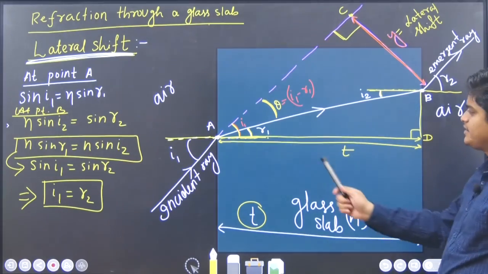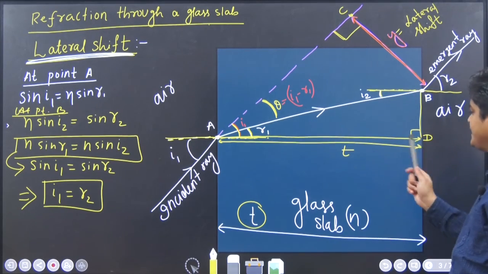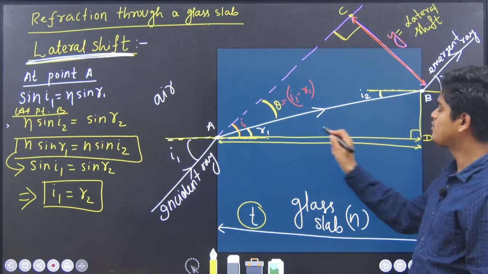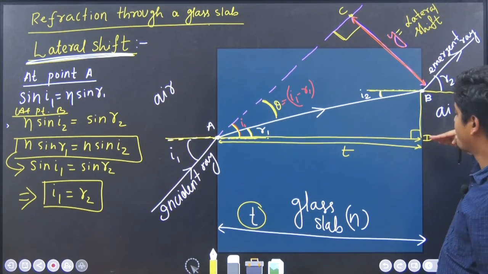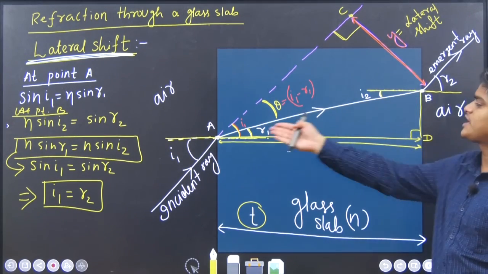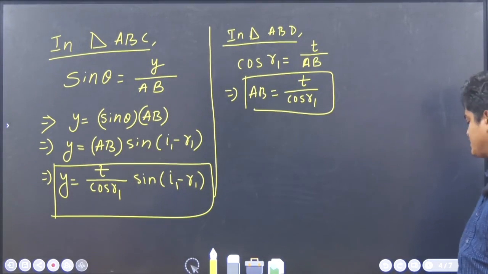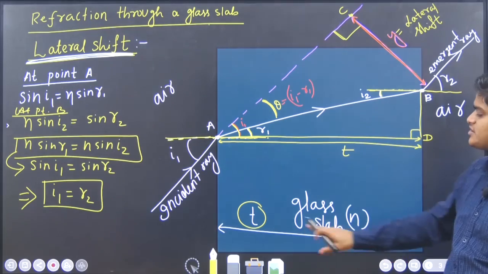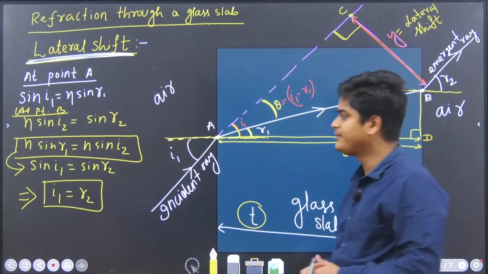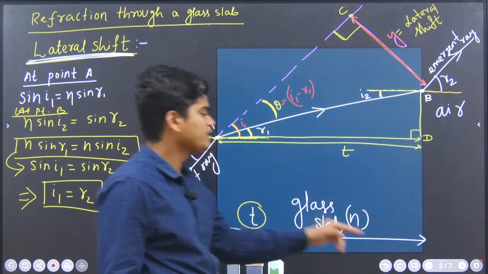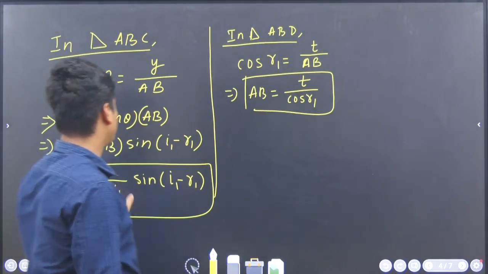Then the next triangle is ABD triangle, where cos R1 is nothing but base by hypotenuse. This hypotenuse is AB, so writing T by AB. T is the thickness of this glass slab, already we have informed. Now you can replace AB, then you get y displacement this much.